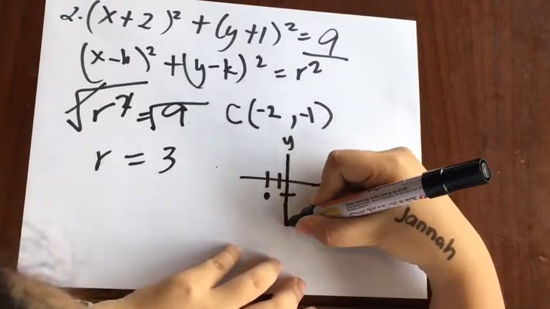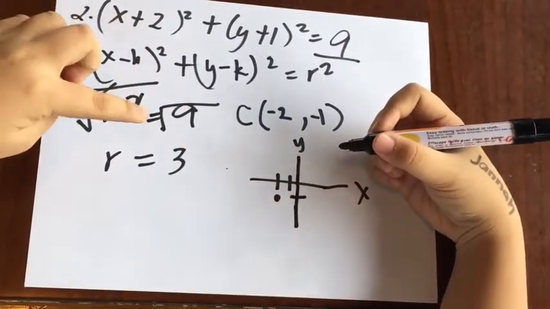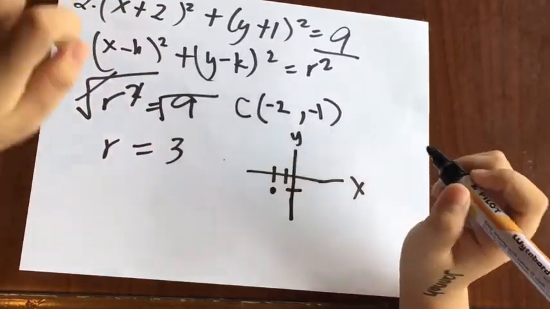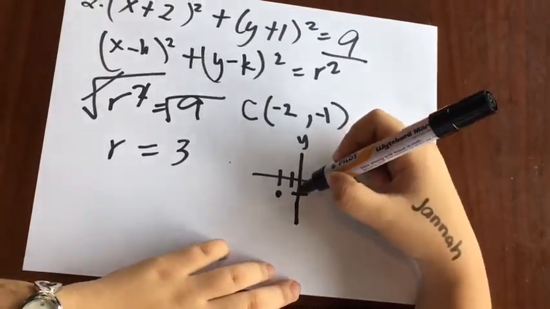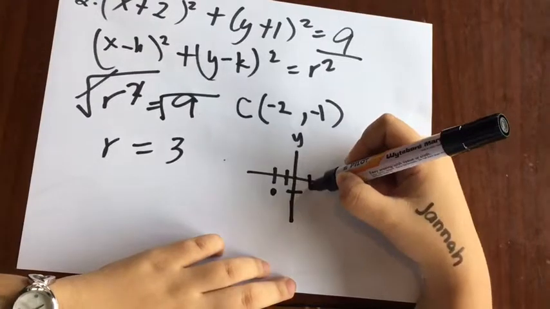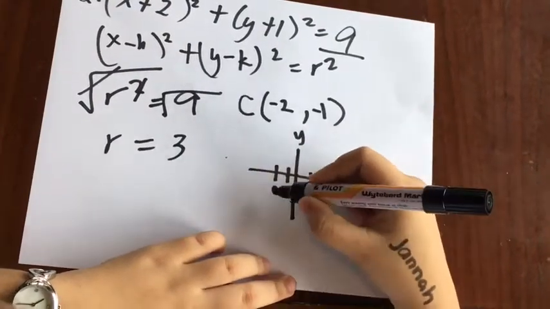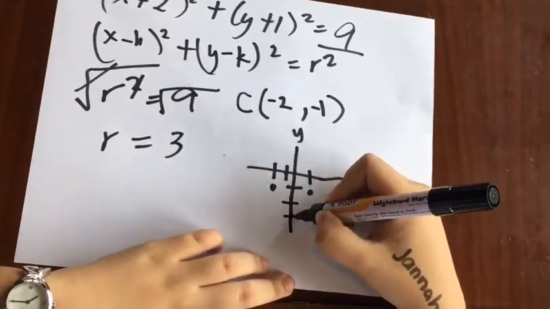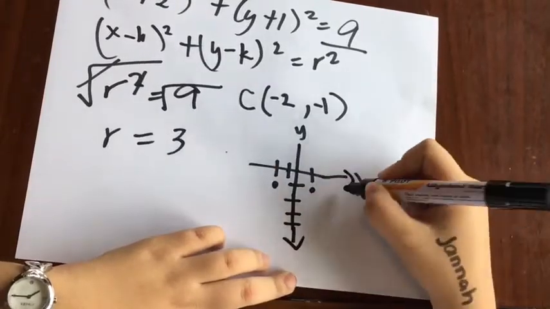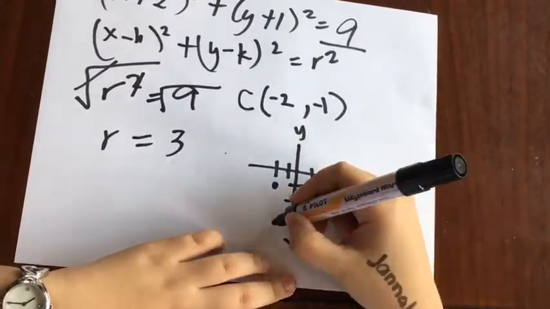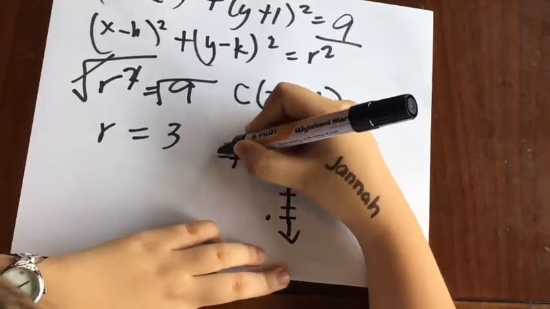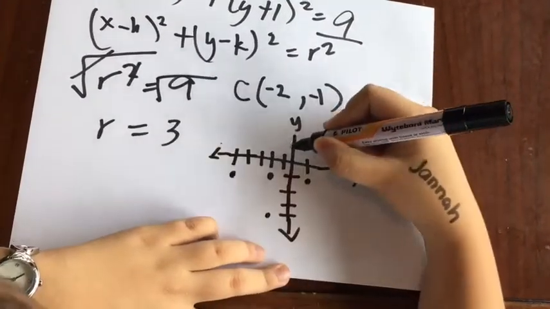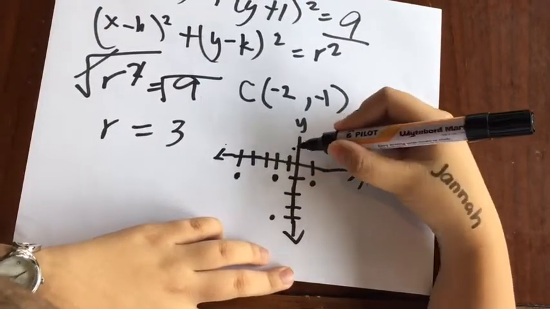Then, from the center, we will count 3 up, down, left, and right. 1, 2, 3. Then, 1, 2, and 3. 1, 2, and 3. Then 1.